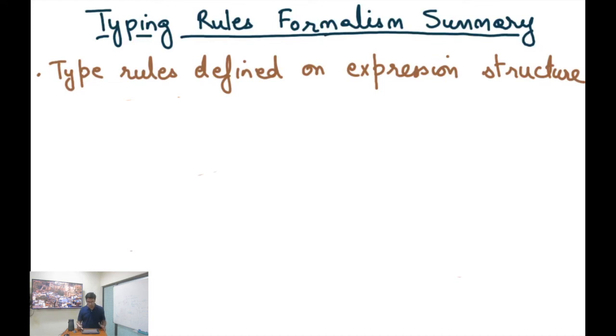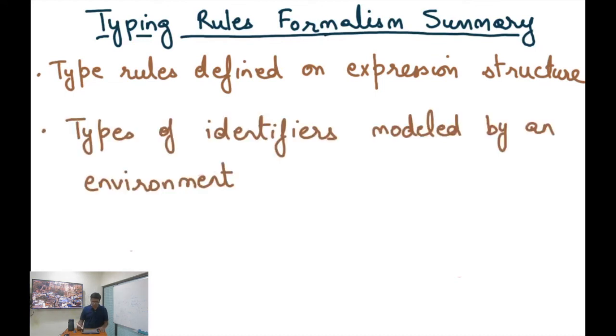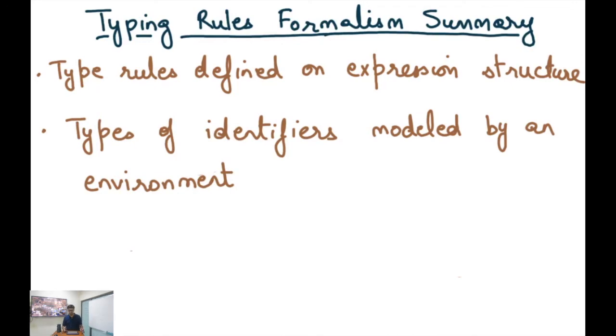So the type rules are defined on the expression structure. Types of identifiers are modeled by an environment, for example, O. We also said that types of certain things may also depend on the current class, and so some identifiers, for example, member functions or member variables, may depend on the environment C as well.